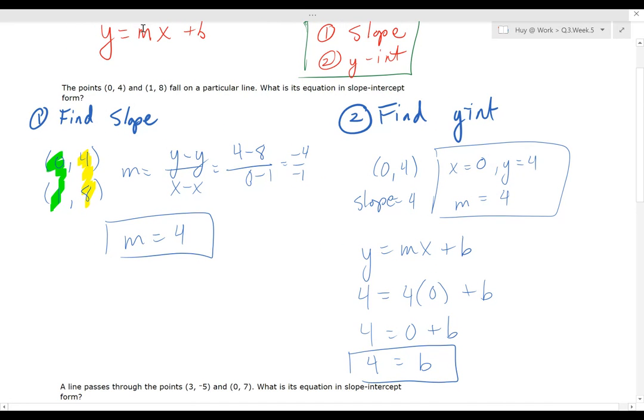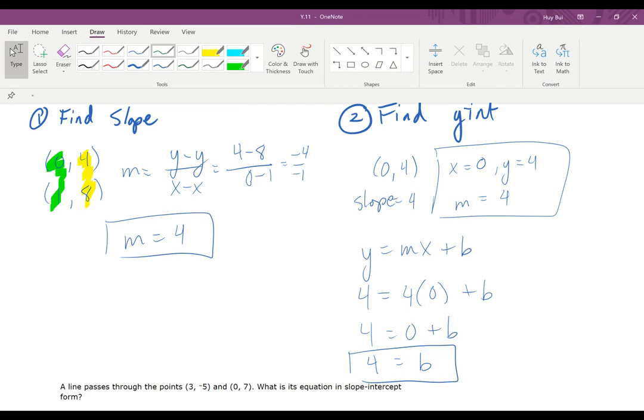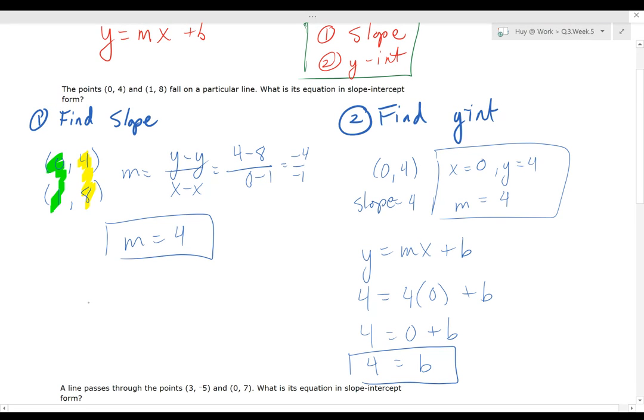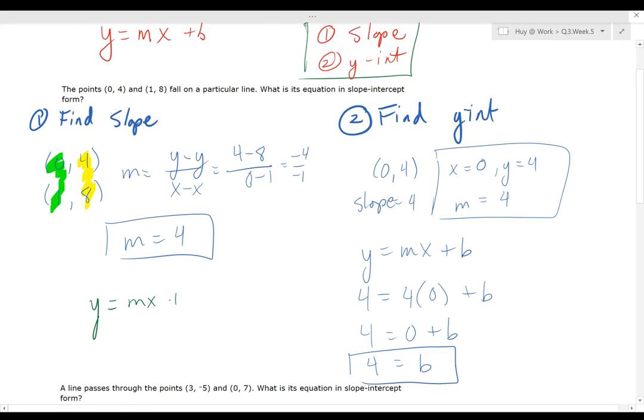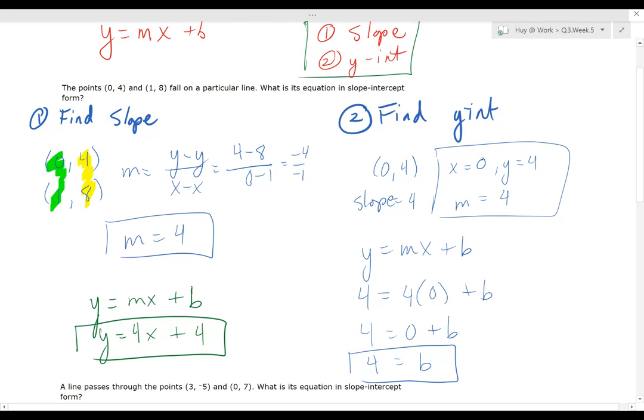Therefore, let's write the final answer. The final answer is y equals mx plus b, m is 4, b is also 4. And there's your equation.